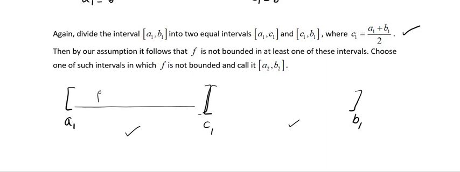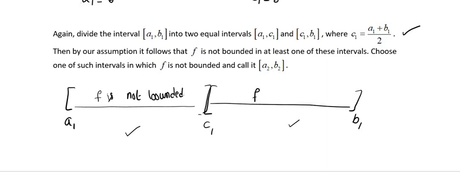If F is not bounded here, I am only considering the interval in which F is not bounded, then F is bounded in the other interval. So we are not considering the interval in which F is bounded. So here we have F not bounded.